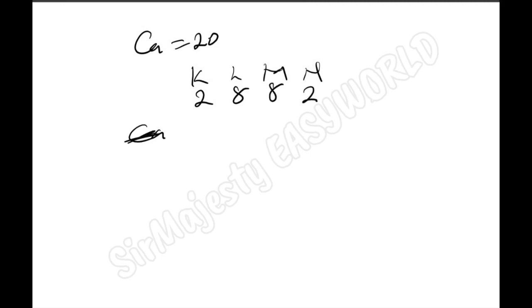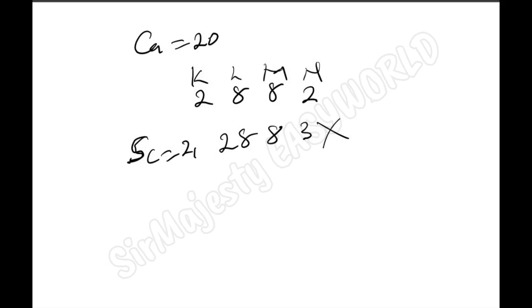We have K, L, M, N. Normally, before that we have 2, 8, 8, 2, which implies that the one following it, which should be scandium, is now 21. So following this pattern, 2, 8, 8, it remains 3. You put it here, but this is wrong. This is the unique nature of transition elements.